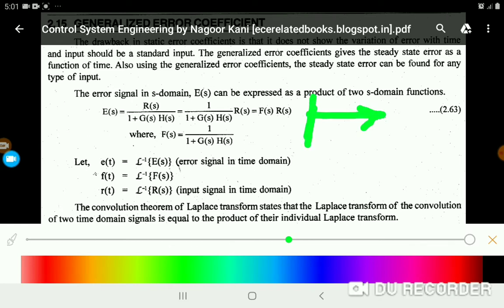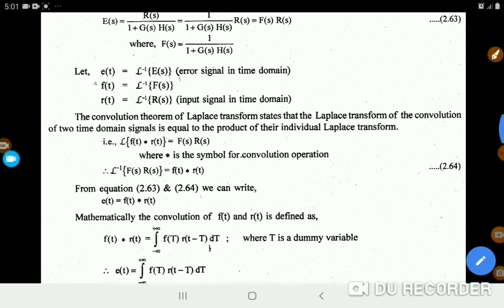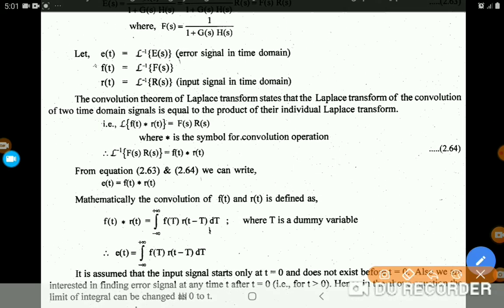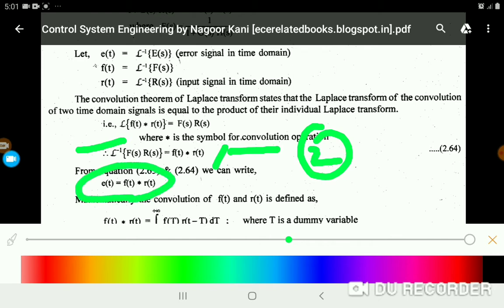You freeze it with some equation number, 1 for our example. Now we have expression number 2 as Laplace inverse of f of s R of s equal to f of t star R of t. From this we can write E of t equal to f of t star R of t.